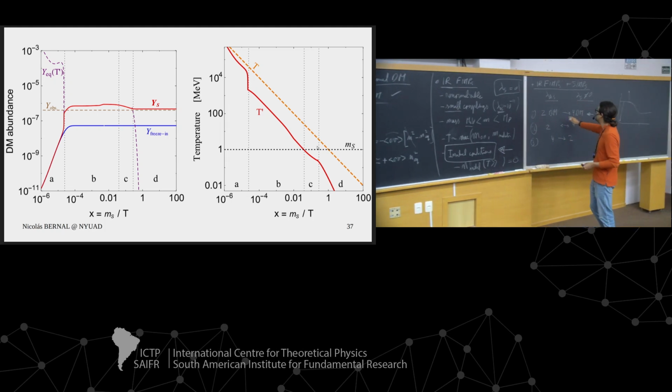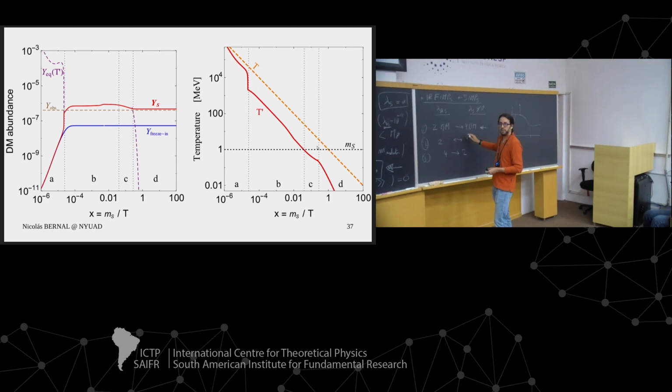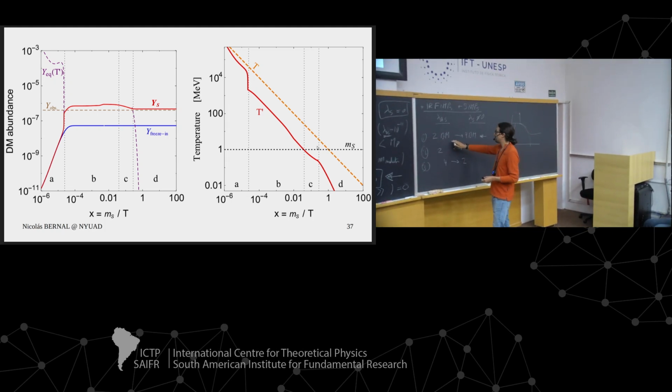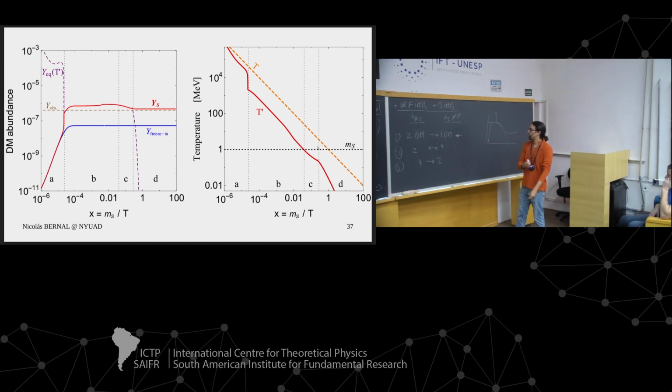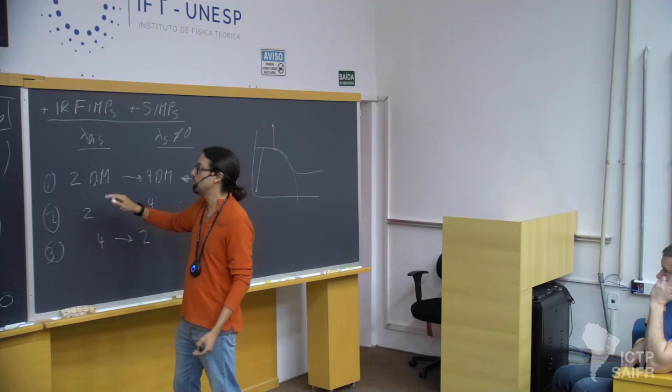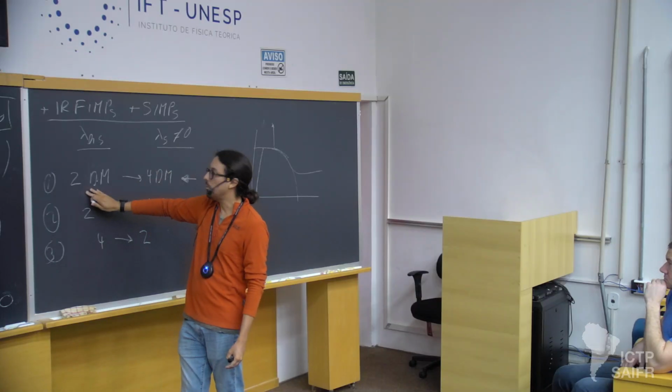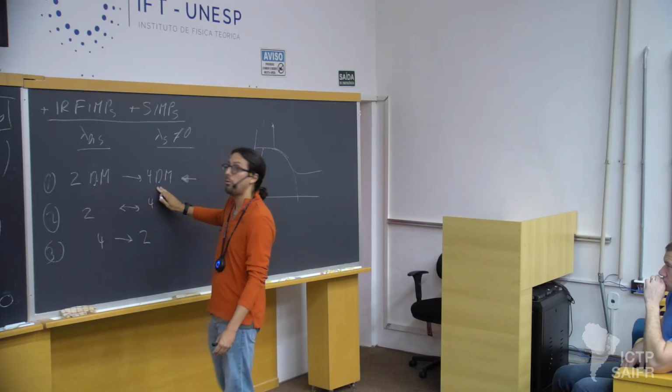Yes, exactly. It's basically the same cross sections. I'm thinking about the rates. Yes, that's the explanation. Thinking about the cross section and the phase space, we wouldn't think that it would go in this direction. But the rate is basically a cross section times the number density. So here it will be number density squared, here number density to the power 4.